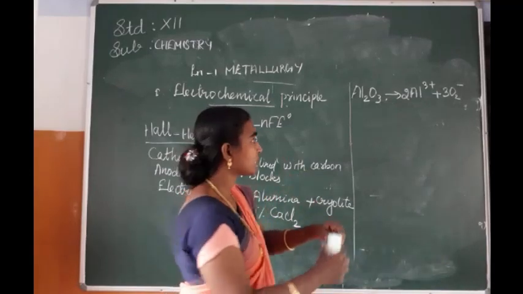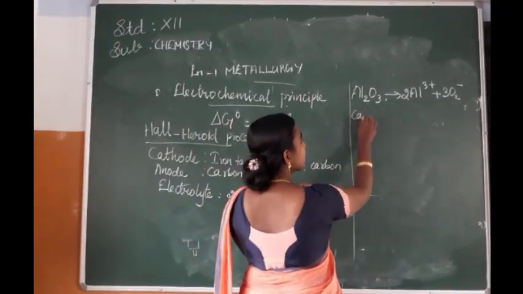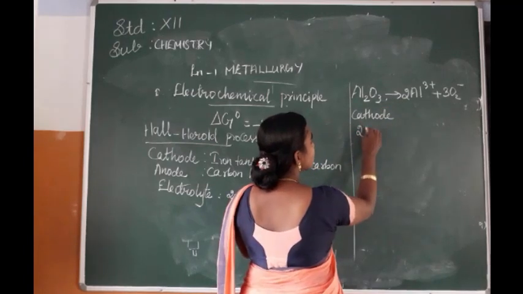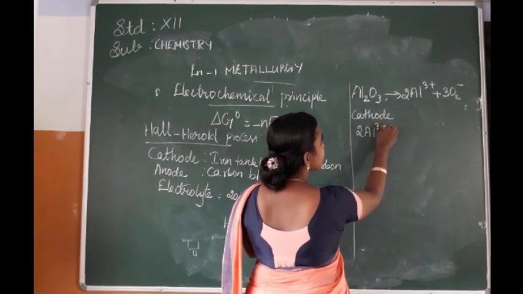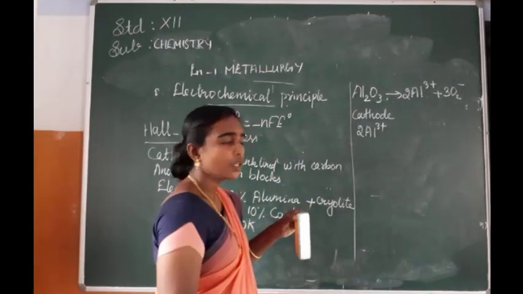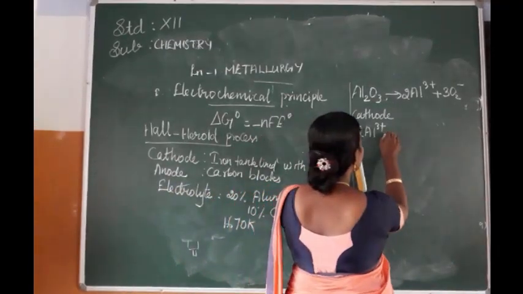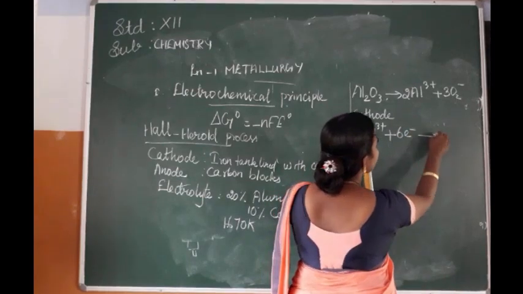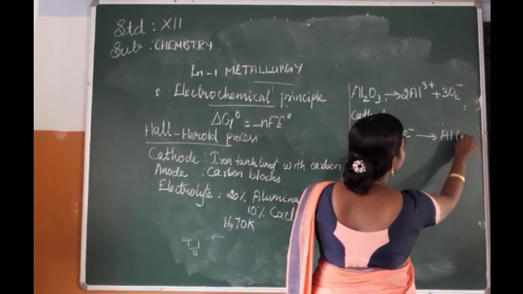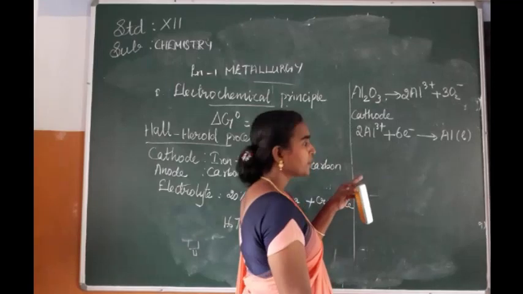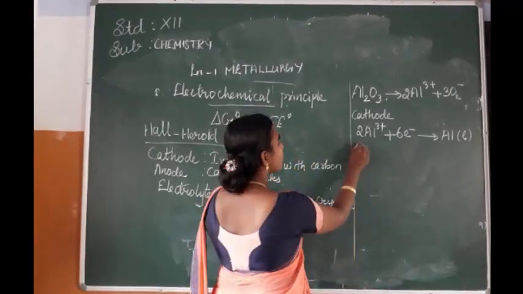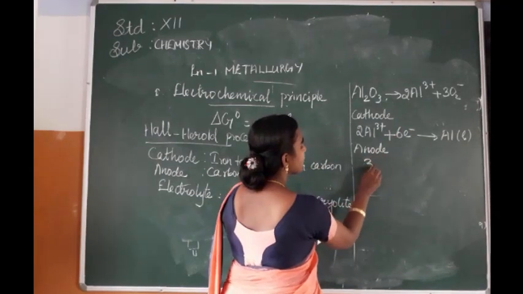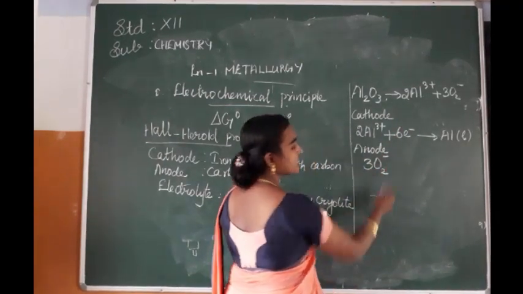Okay. So next we have to explain the reaction at the cathode and anode, isn't it? So at the cathode, this 2Al3+ plus 6 electrons will change into aluminium. But at the anode we have O2-, isn't it?